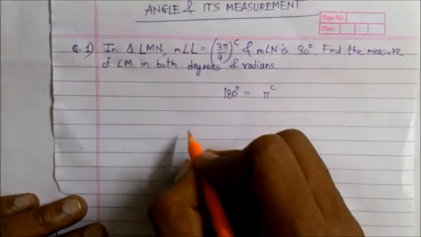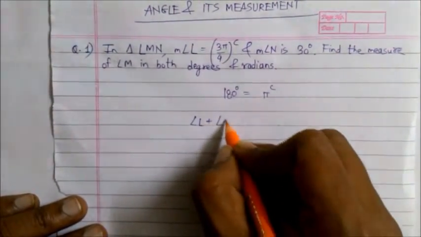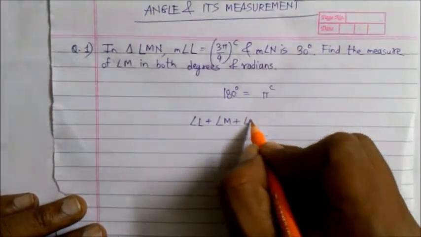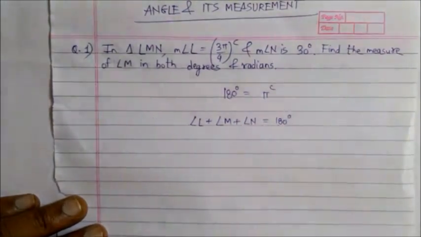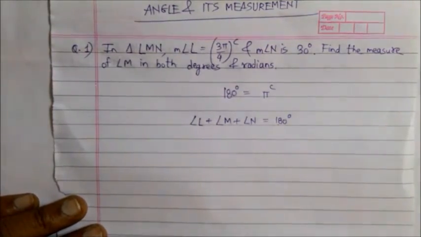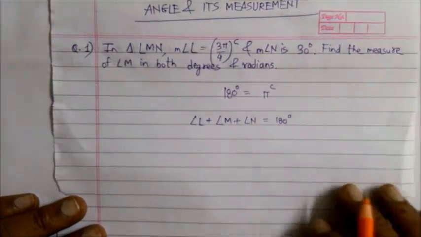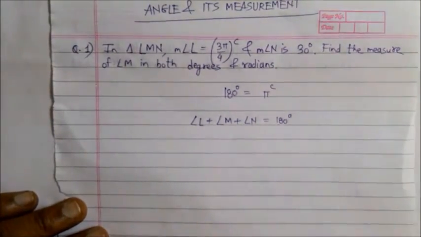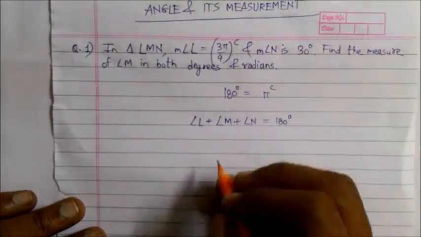Therefore, I can write this as angle L plus angle M plus angle N equal to 180 degrees. Now given is that measure of angle L is 3 pi by 4 radians, so we will first try to convert this measure into degrees.